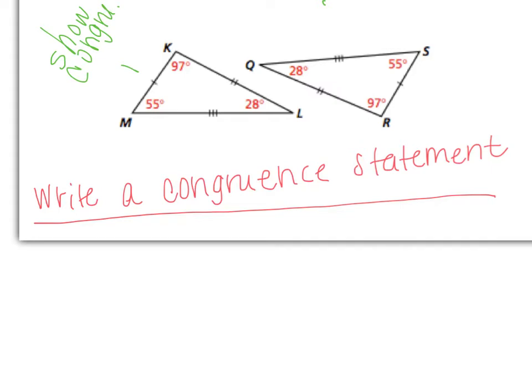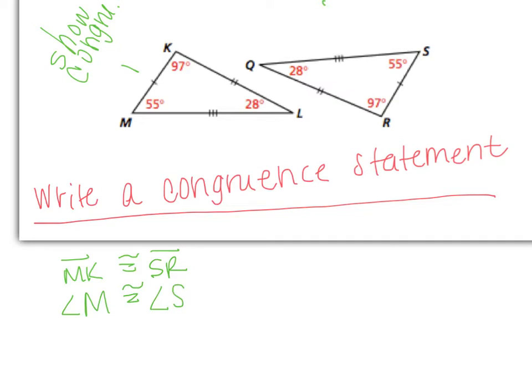So side MK, you can say that line segment MK is congruent to line segment SR. Now because I started here where it says 55, that means again I have to start here because those angles match. Okay? So we could also write that angle M corresponds to angle S.